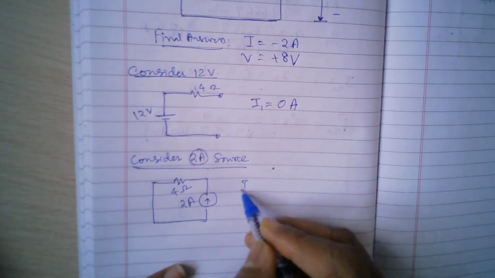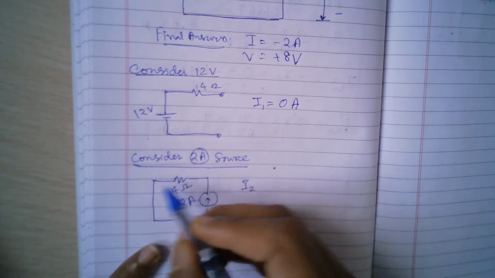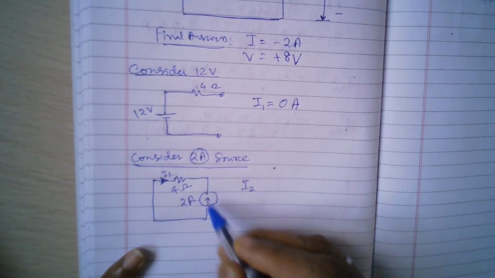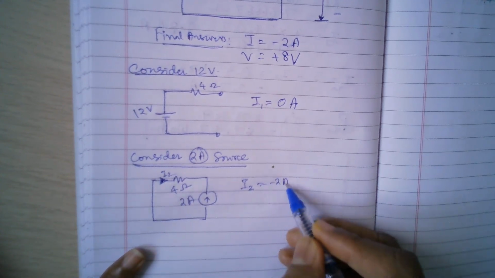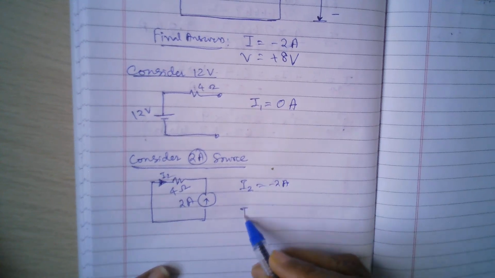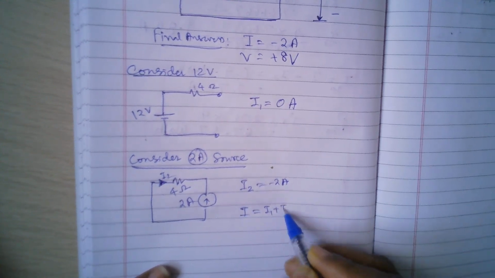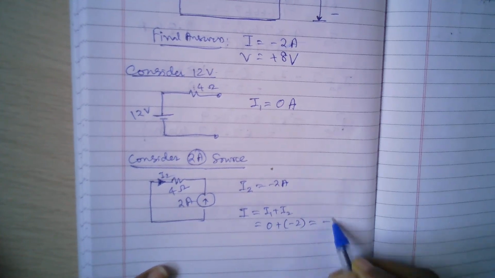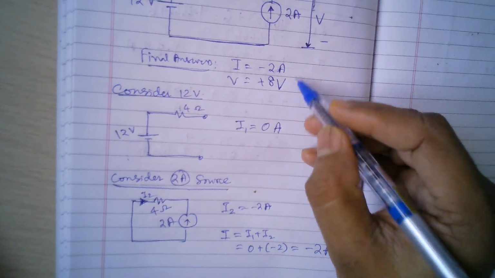Now if I take this as the direction of I2, then I2 will be minus 2 amperes. And finally, as we expected, I is I1 plus I2, so that will be 0 plus minus 2, that will be minus 2 amperes. So this answer is correct.